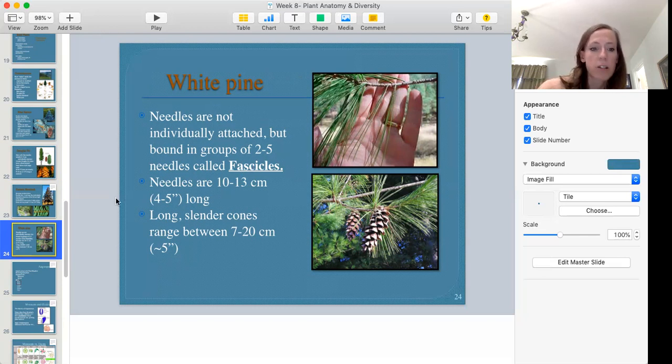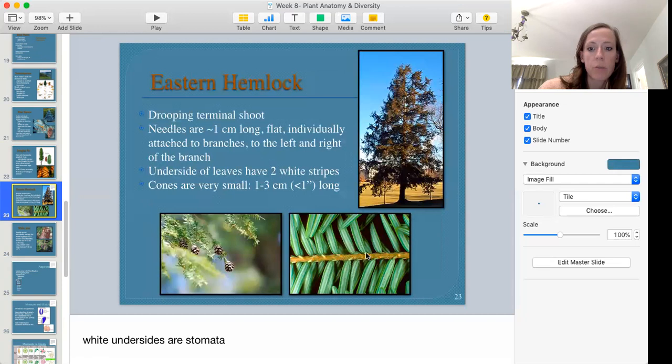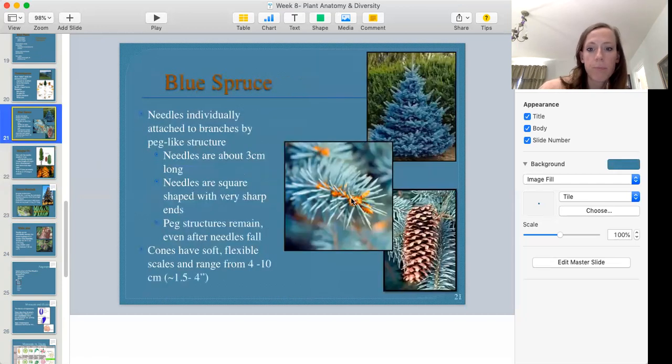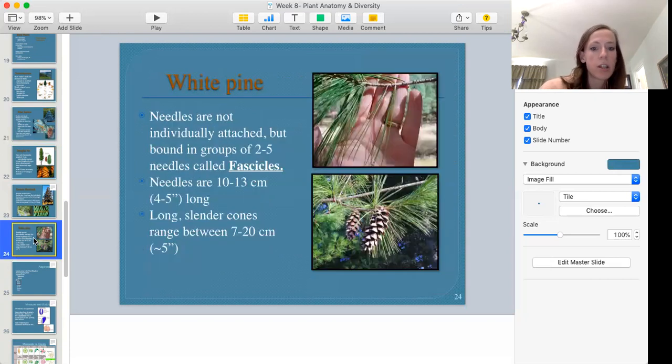Whereas all the rest had individually attached needles, the pine has groups of needles attached in a bunch to the branch. Like I said, the needles are 4 to 5 inches long. The cones are long and slender, somewhere around 5 inches, give or take a little. So those are the 4 examples we have for gymnosperms to look at this week.